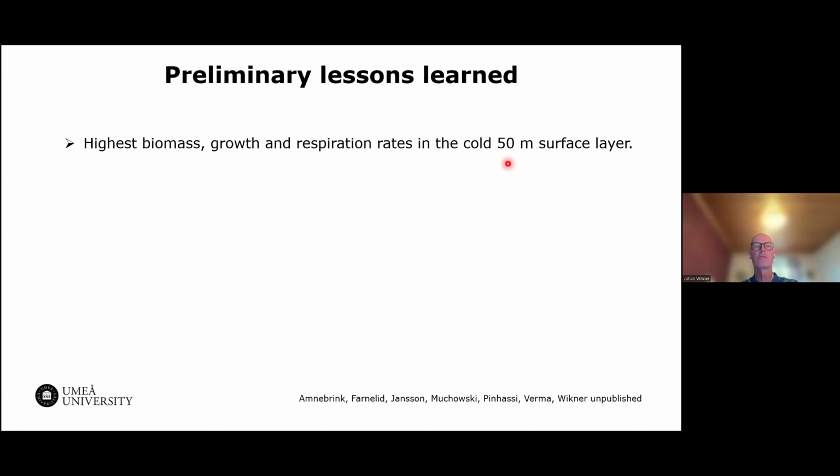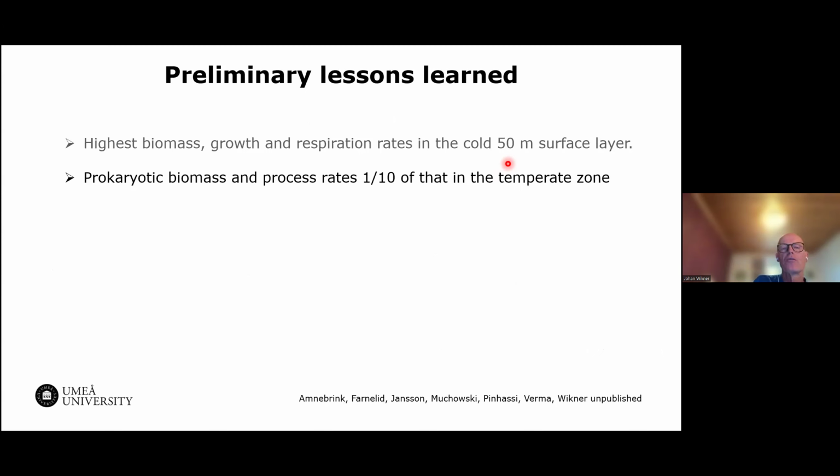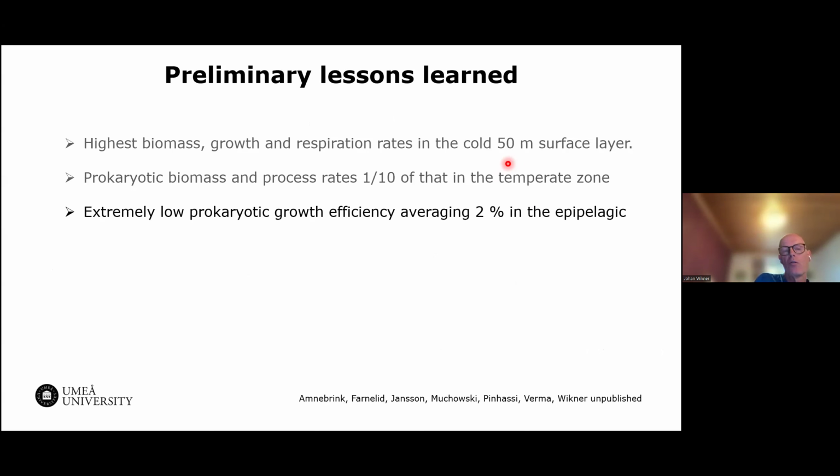The preliminary lessons we learned from this study are that we actually have the highest biomass, growth and respiration in the cold 50-meter upper surface layer. It's also very low, both biomasses and process rates, compared to other more temperate environments, of course, than we found in the temperate zone. Also, we did respiration measurements, which I think have not been done too many times according to what we found in the literature, and can thereby determine the growth efficiency in the Central Arctic Ocean, and it was really low.